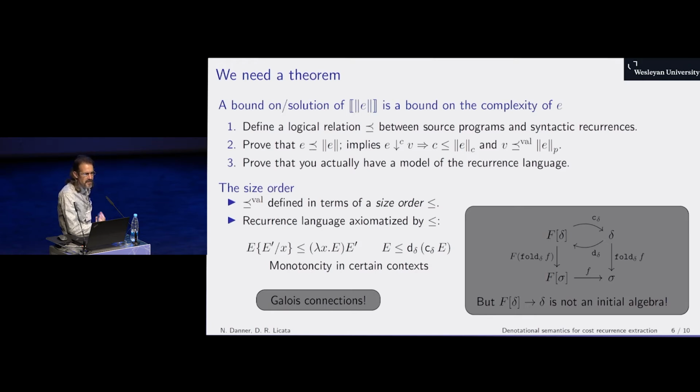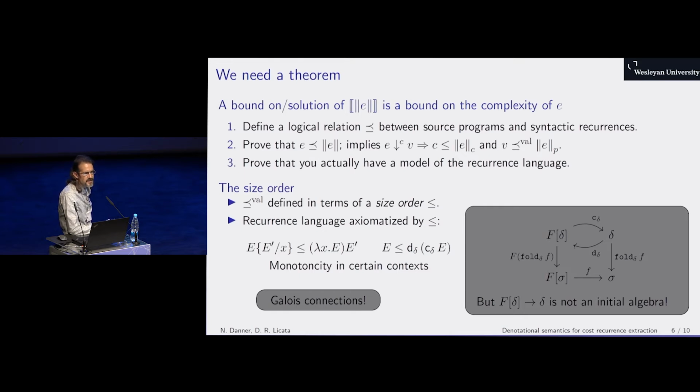Then you prove the fundamental theorem, and as a consequence, the definition of that logical relation tells you that the cost component of the extracted syntactic recurrence is a bound on the operational cost from the source programming language. And then there's also a bound related to the result that you get.